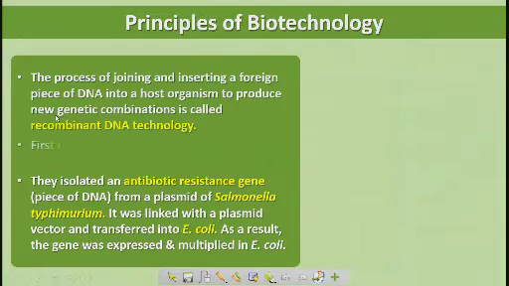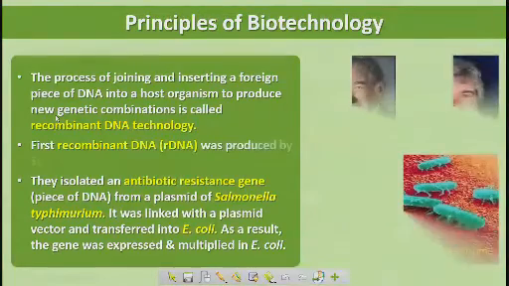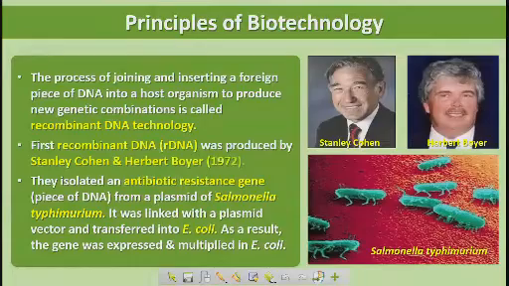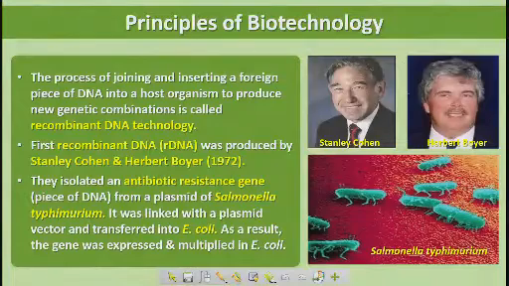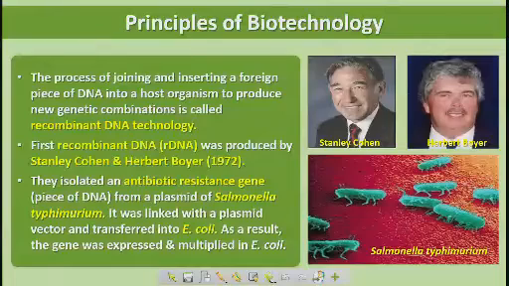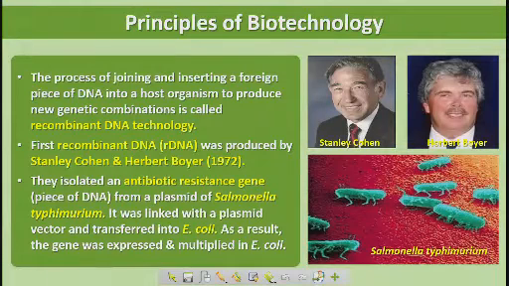The process of joining and inserting a foreign piece of DNA into a host organism to produce a new genetic combination is called recombinant DNA technology. The first recombinant DNA, also known as rDNA, was produced by Stanley Cohen and Herbert Boyer in 1972.